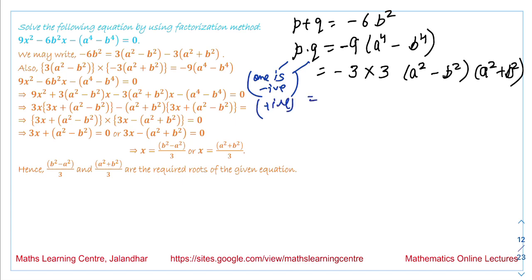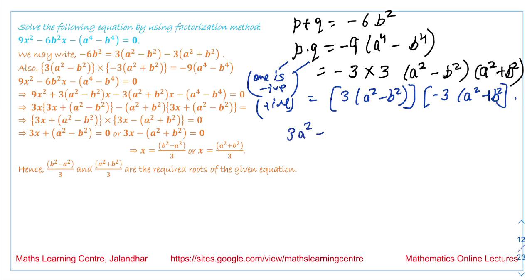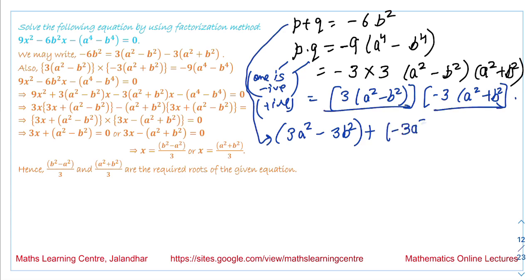So we write it as 3 times (a square minus b square) into minus 3 times (a square plus b square). If we substitute these values, we get 3a square minus 3b square plus minus 3a square minus 3b square.